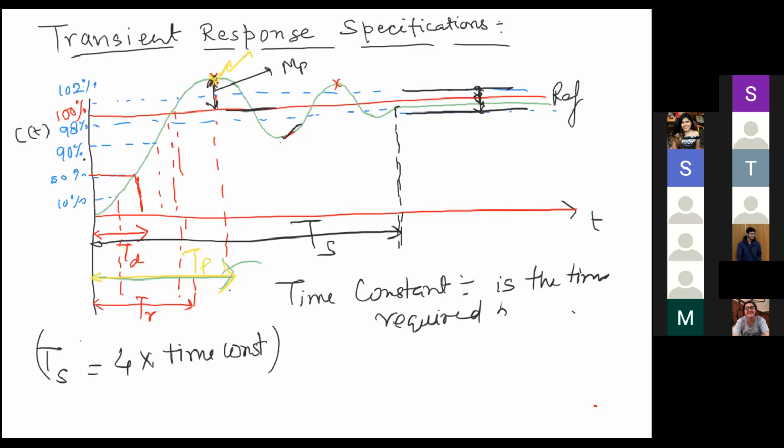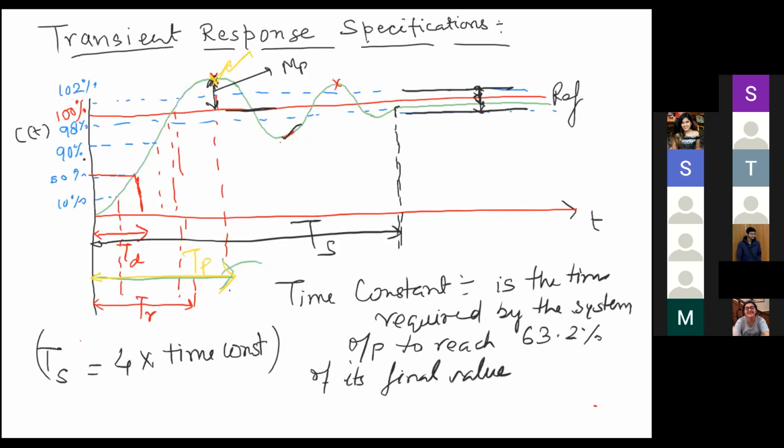by the system output to reach 63.2% of its final value during the first attempt.